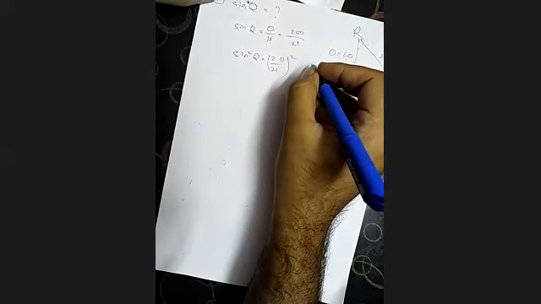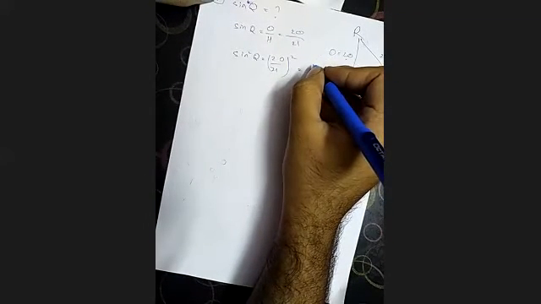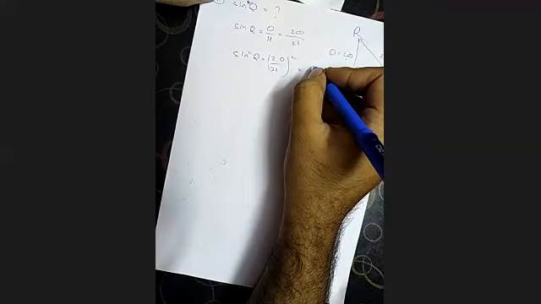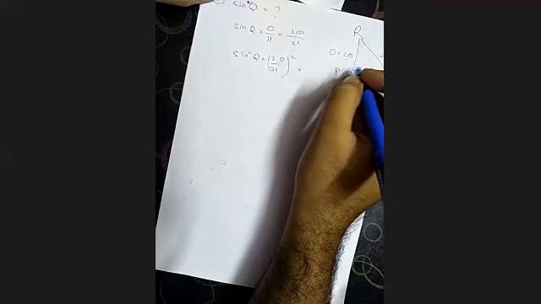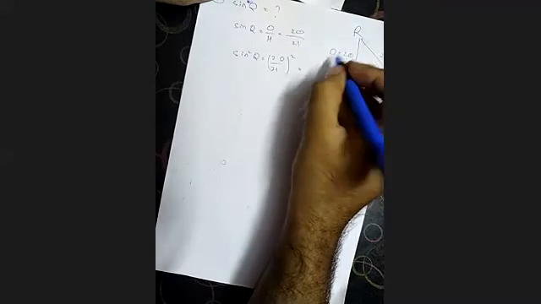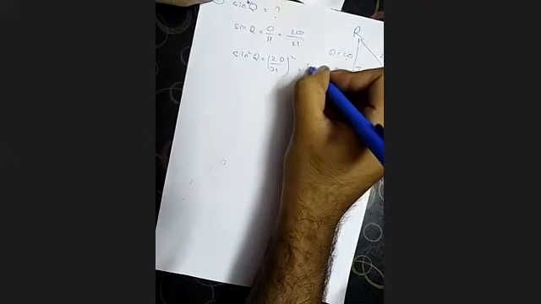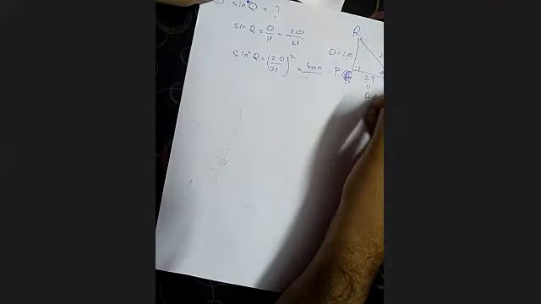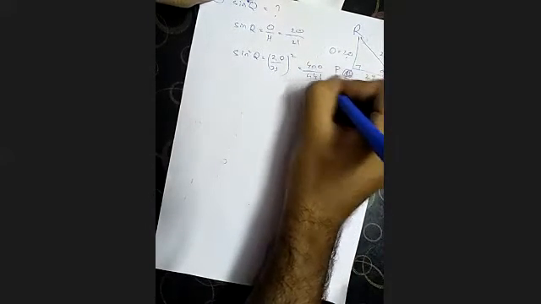Okay, find the square. 20 square is 400, 21 square is 441.